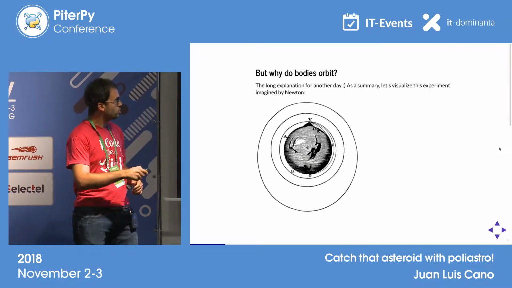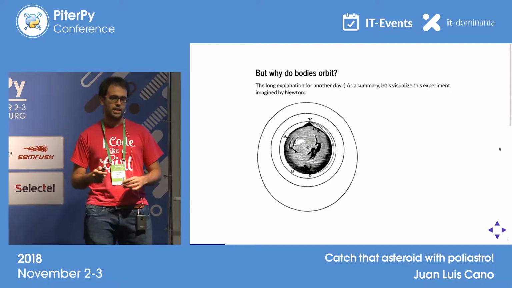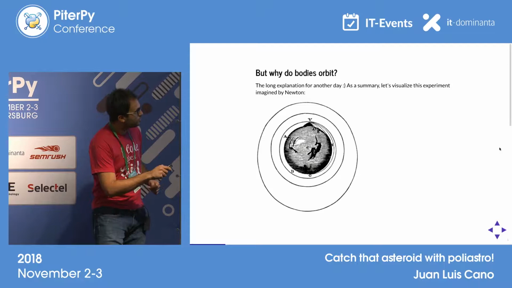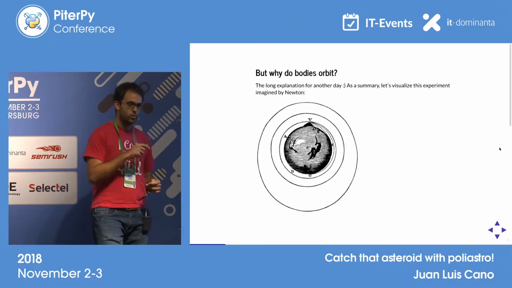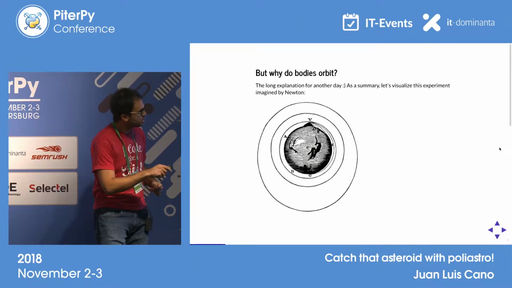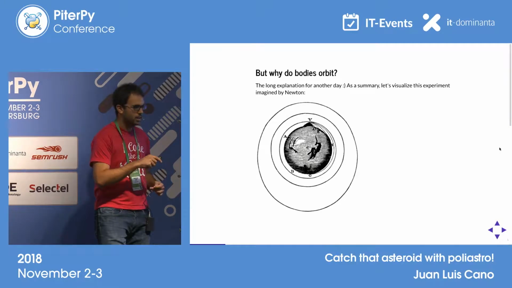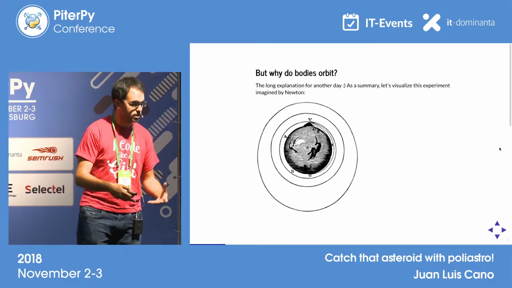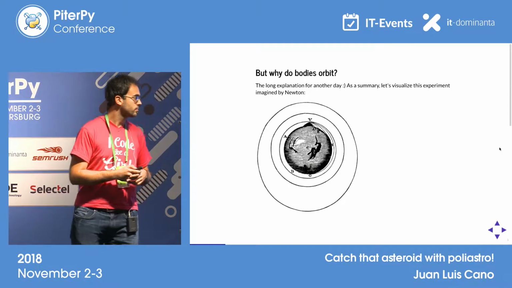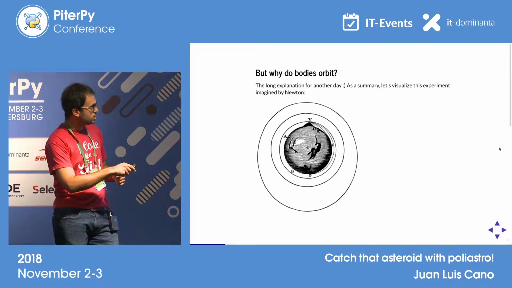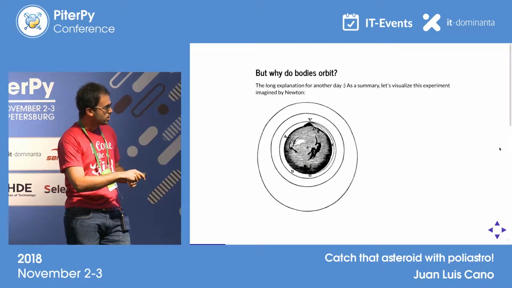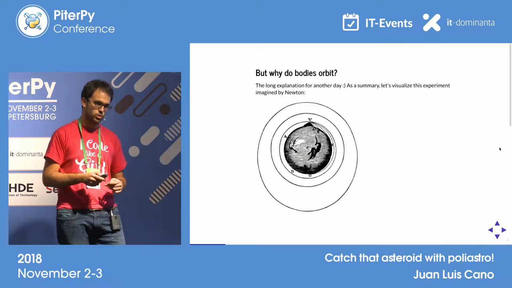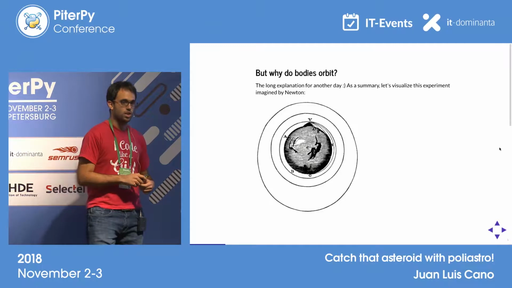Imagine that you are on the top of a mountain here, and you're launching a cannonball, and the stronger that you launch the cannonball, the further it goes, and you reach a point where the cannonball starts to go so far that the surface itself of the Earth starts curving downwards around itself. So there's a velocity, which is called the orbital velocity, where you never hit the ground, and you keep on falling and falling forever. This is what we call reaching the orbit.